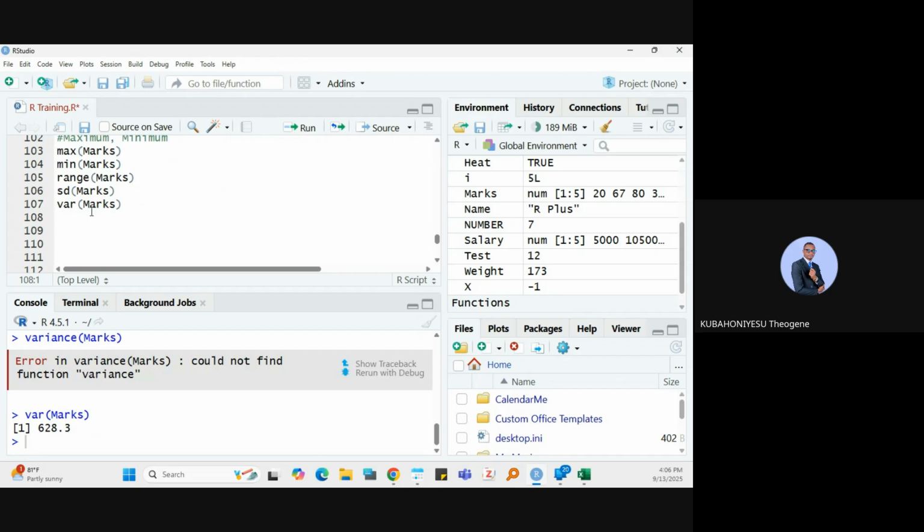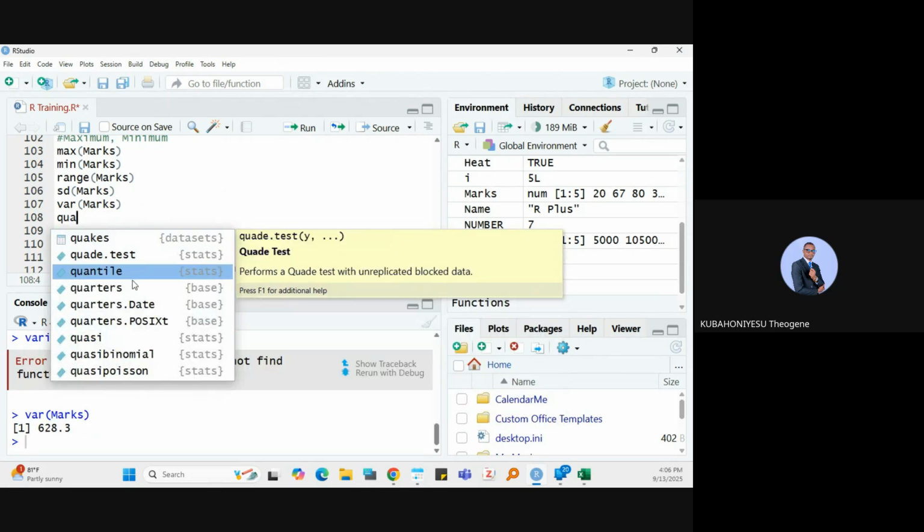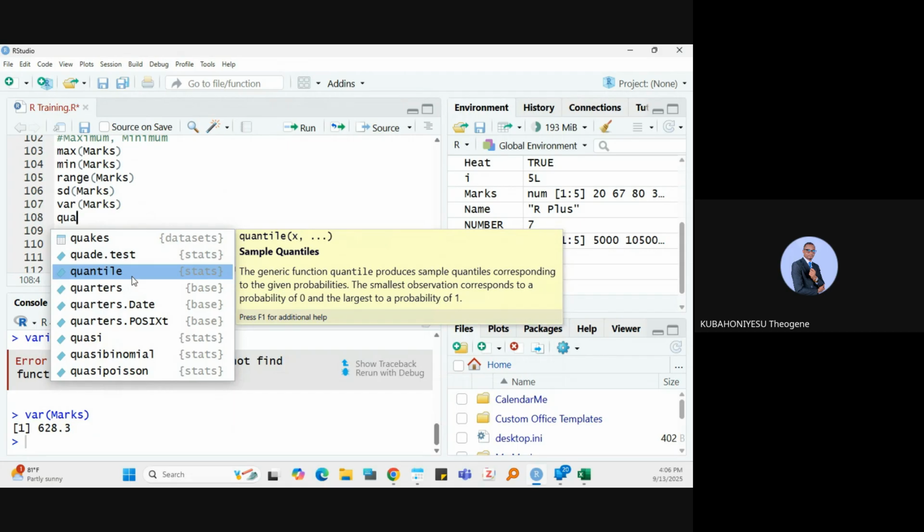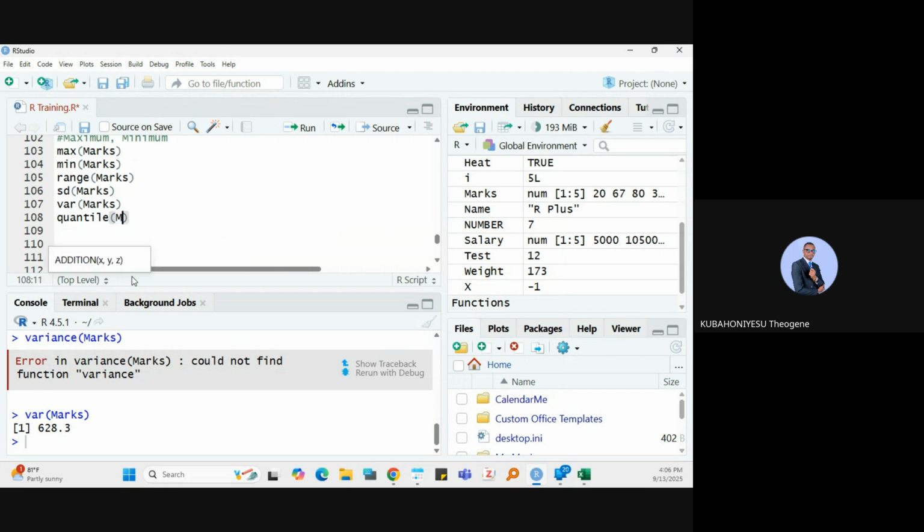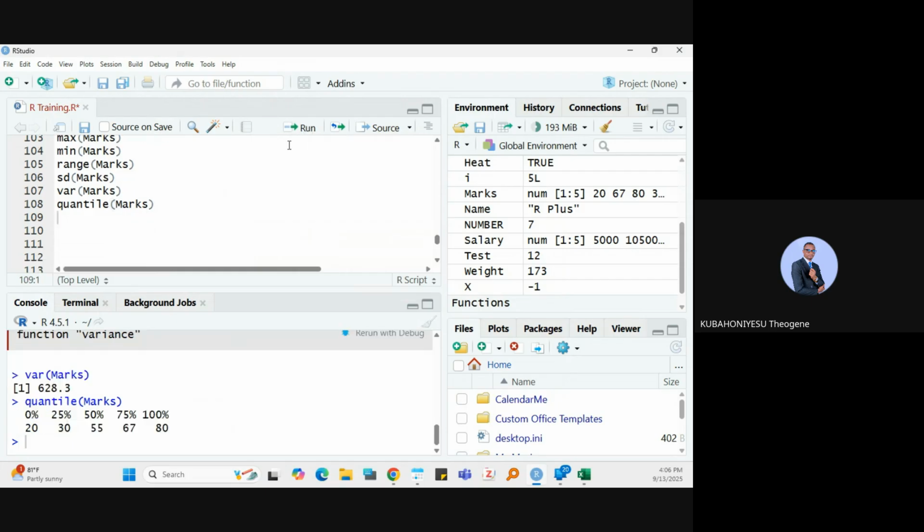You can say maybe you need quartiles of marks. You need to specify the probabilities, for example 50%, 70%, those getting less than 70.